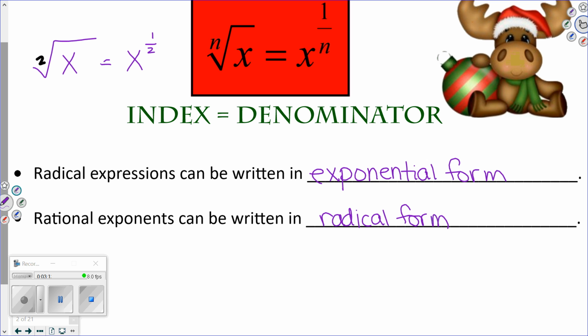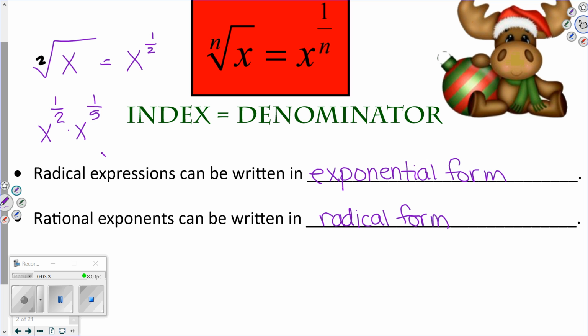You add them. If I had x squared times x to the fifth, that's x to the seventh. So x to the 1/2 times x to the 1/5, you could add, but it's not 1/7. You have to have common denominators when you add. But you could add those together and get an answer.